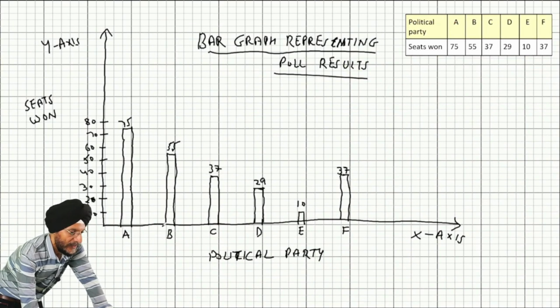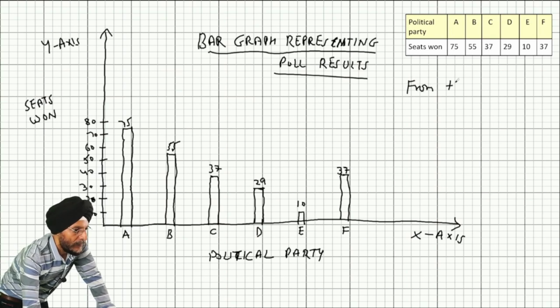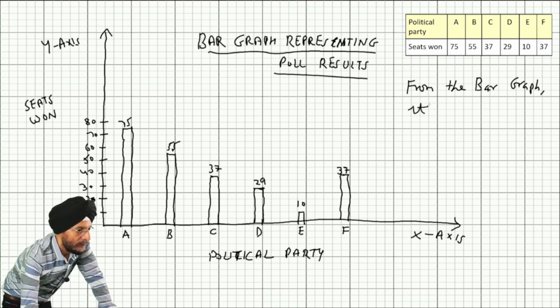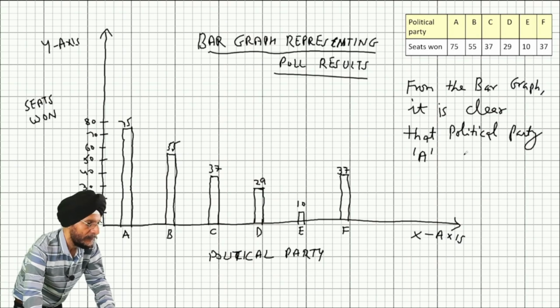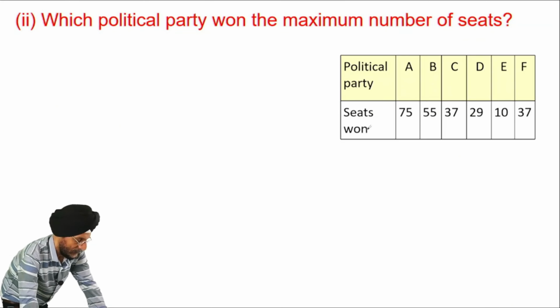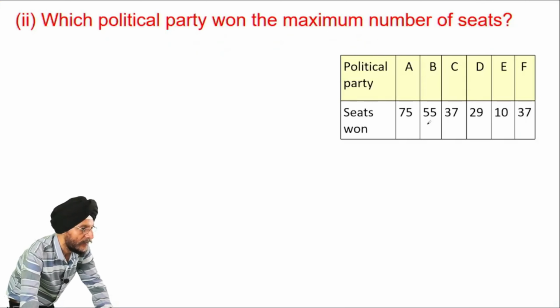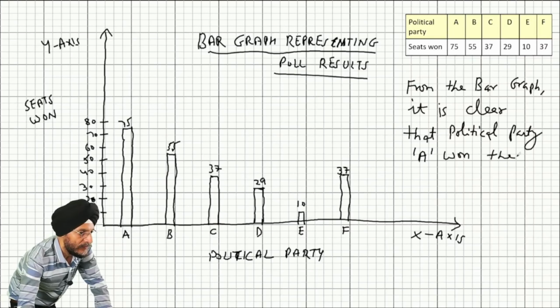From the bar graph, it is clear that political party A won the maximum number of seats.